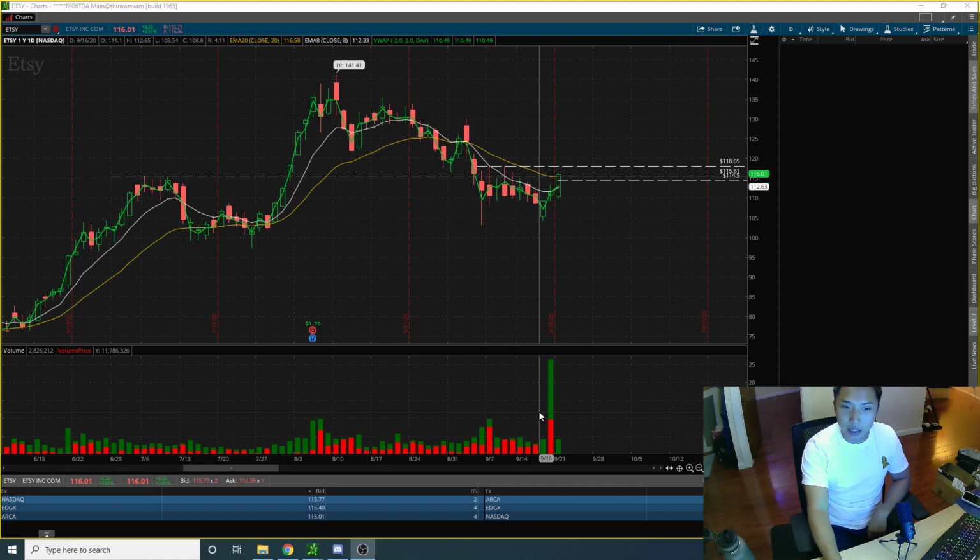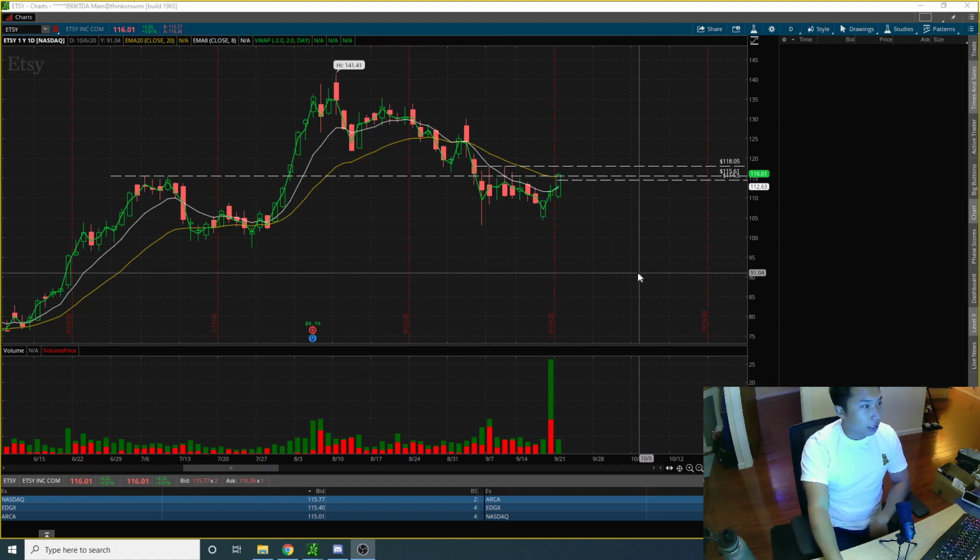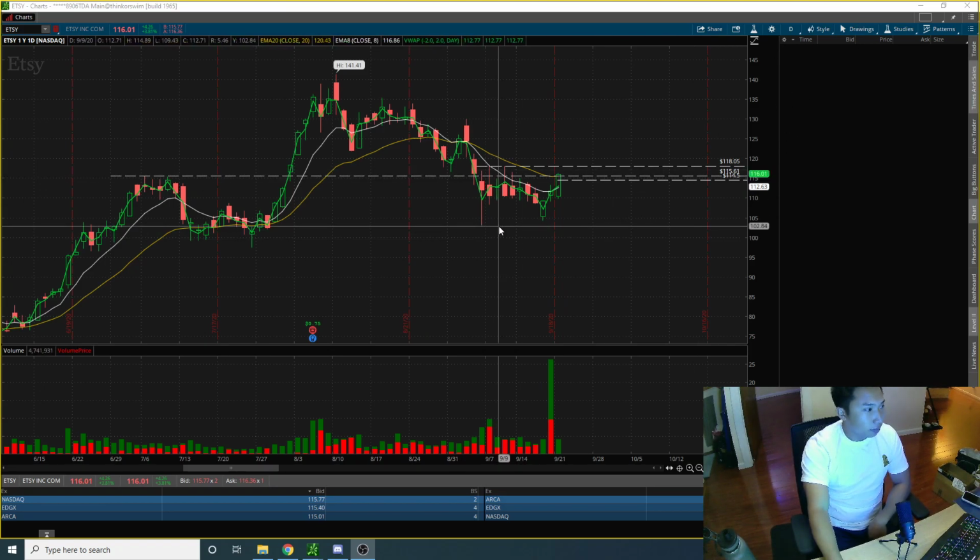That should open your eyes that this might be something you should be watching, because all of a sudden we have close to triple or even quadruple the regular volume. Just a simple look at this daily chart.